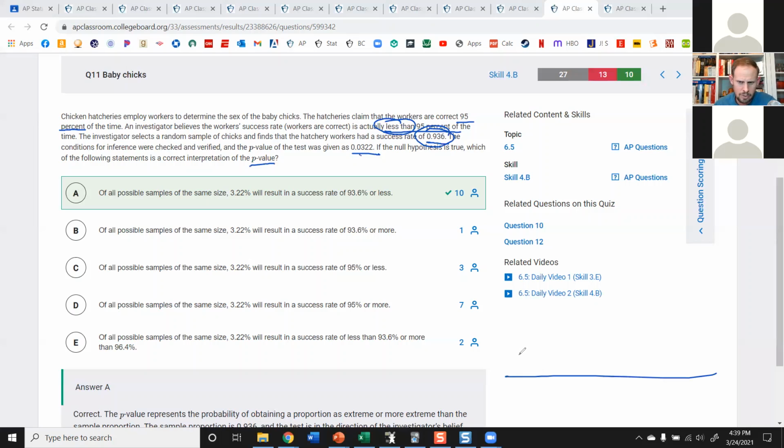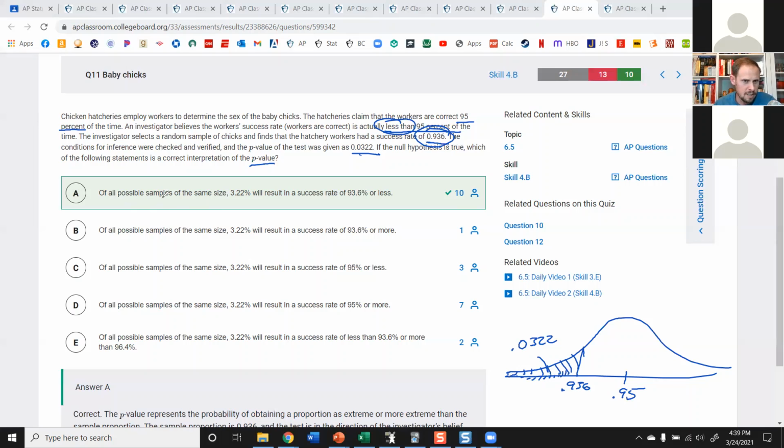But again, you get a sampling distribution at 0.95, and they're saying if that is true, the probability that you would get a sample down here at 0.936 is 0.0322, because there are samples that happen that would have a mean down here. That is possible.